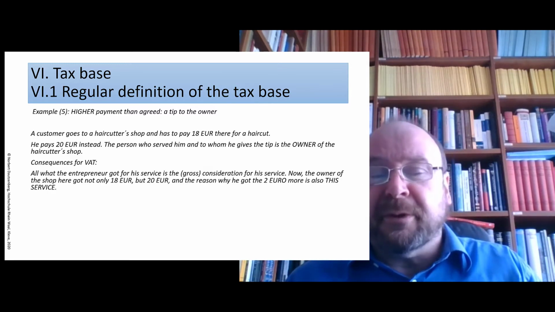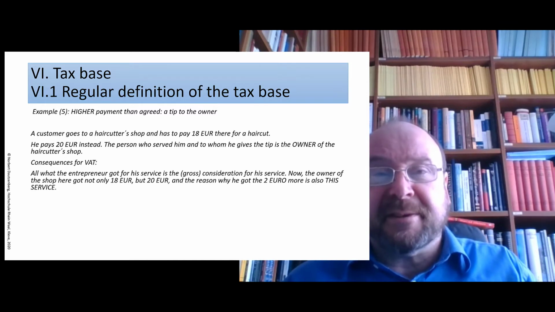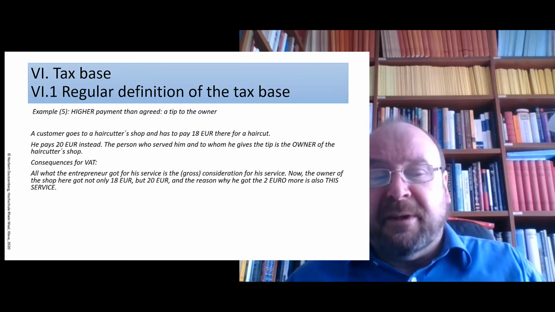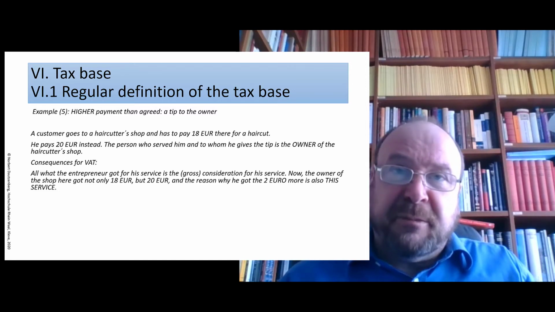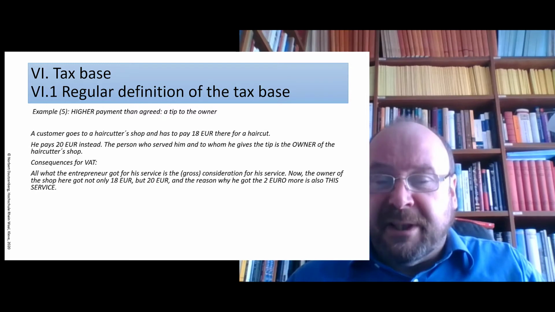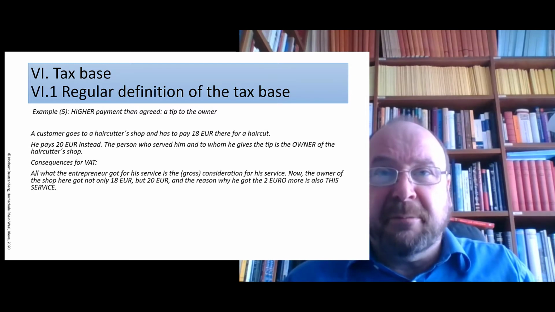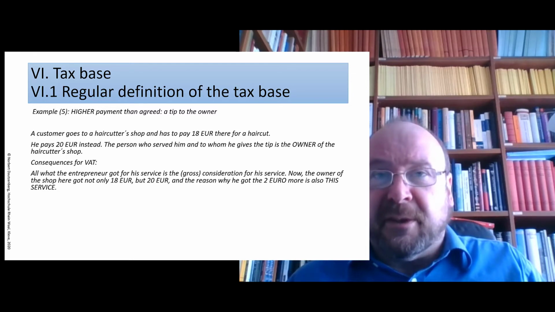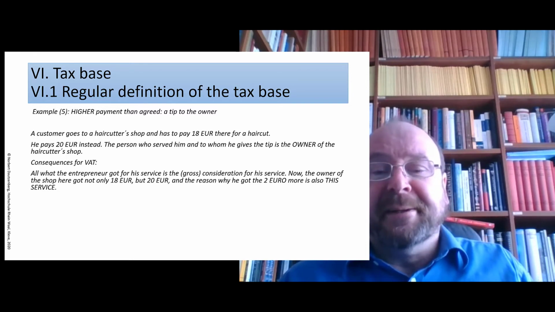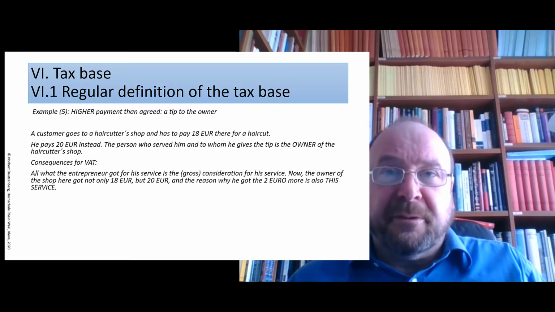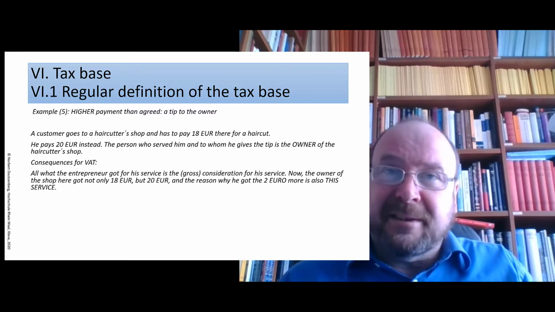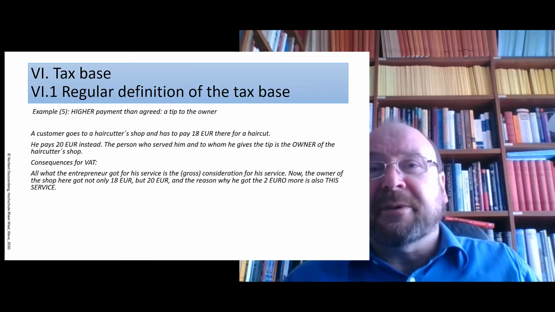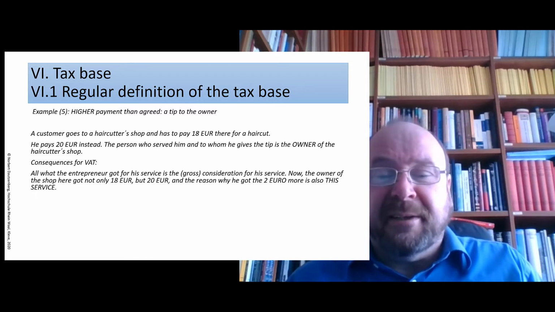All what the entrepreneur got for the service is the consideration, the gross amount. Now the owner here claimed 18 euro but got 20, and what counts is not what you claimed but what you got. And so 20 euro is all the owner got. The reason why you got the 2 euro on top is that you gave a very good service. So the 2 euro on top are also paid for the service.